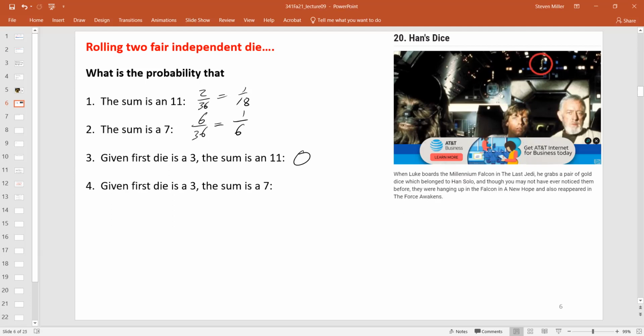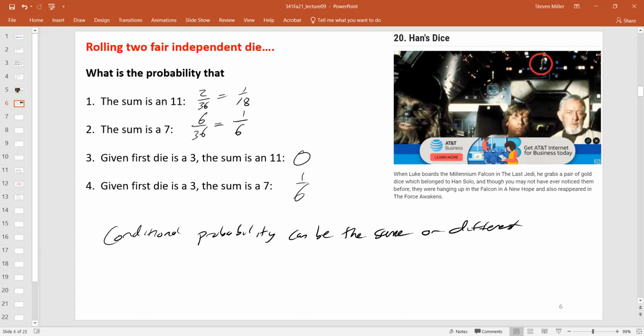So what we notice here is that sometimes the conditional probability is the same and sometimes the conditional probability is different than the probability. So conditional probability can be the same or different as the probability.